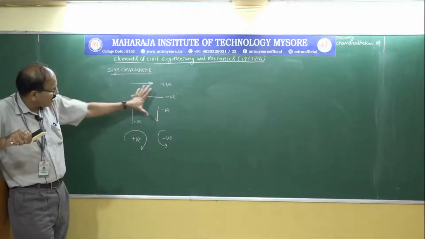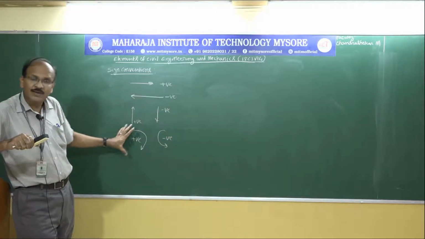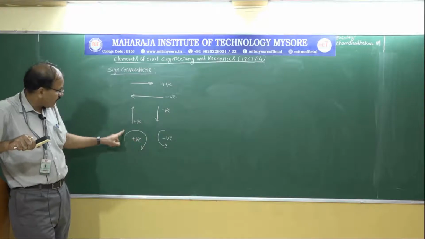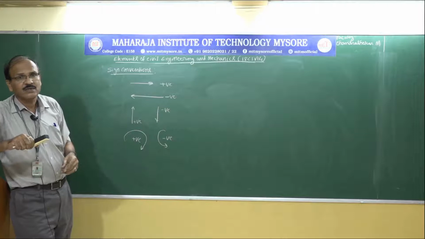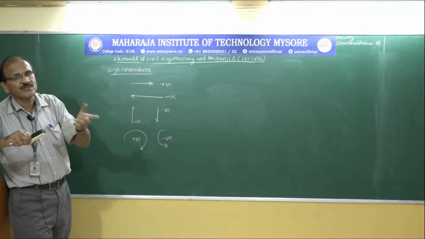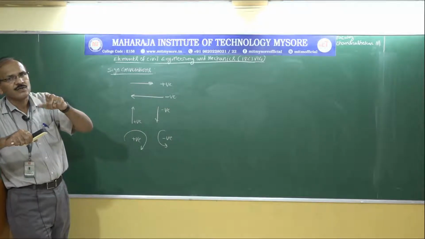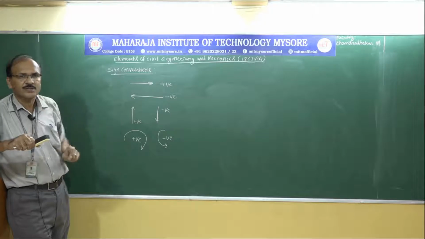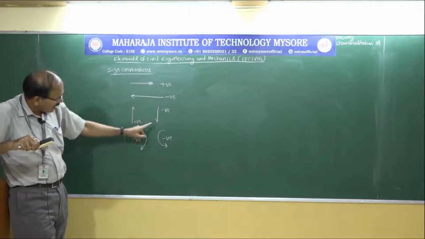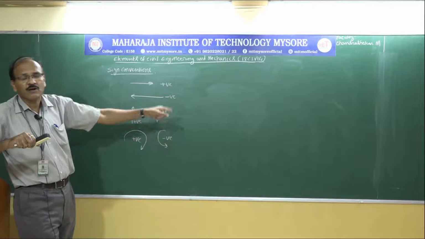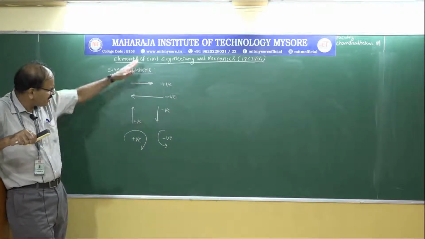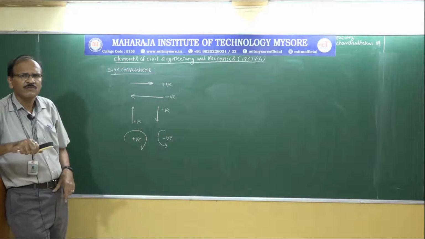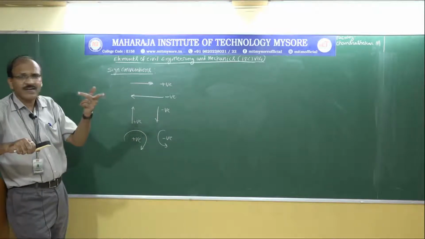This is regarding the forces. When we come to the moment, any force that causes a clockwise moment is considered positive, and a counterclockwise or anti-clockwise moment is negative. These are the sign conventions we are going to follow. If you want, you can reverse the sign convention.